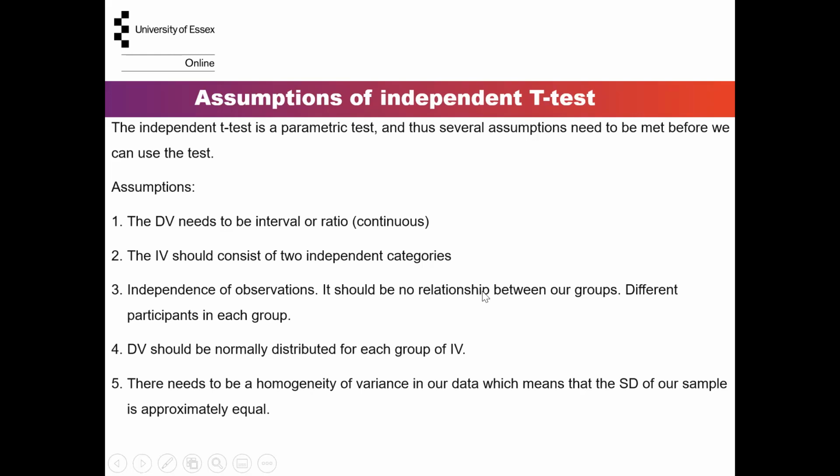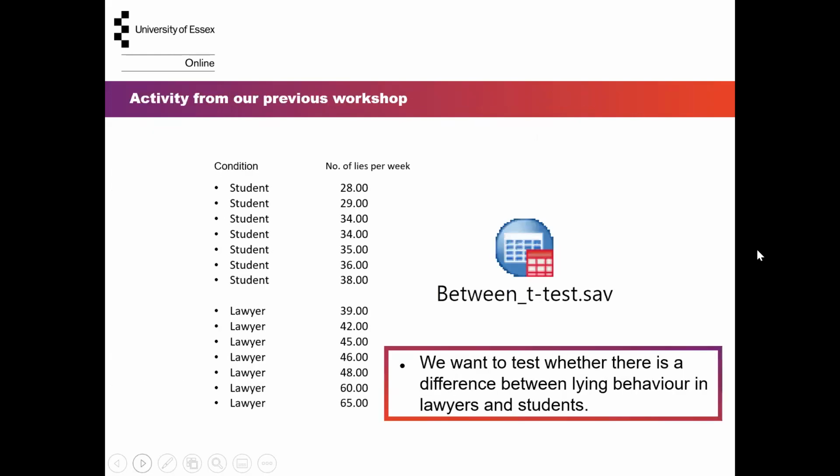Okay, and we're going to use a little example, and I think that will start making more sense. So here we have two groups of participants. We have students and we have lawyers. And we calculated the lies that each of these groups are saying per week, like the number of lies they say per week.